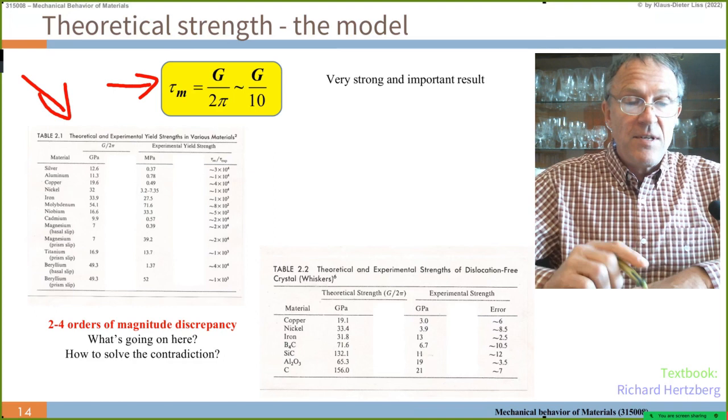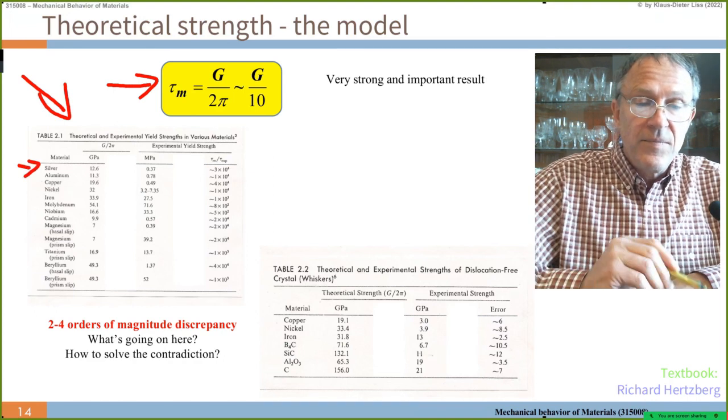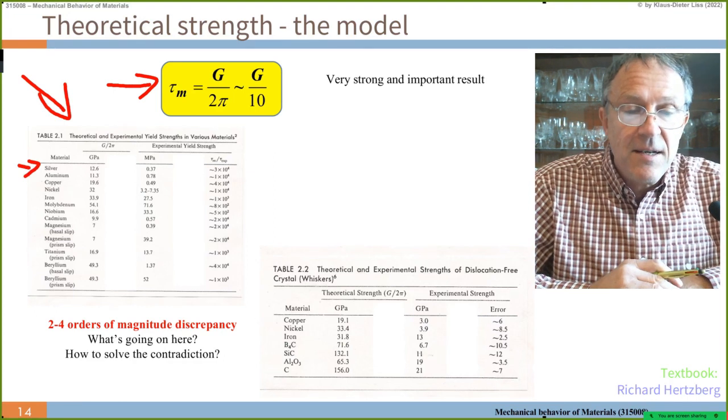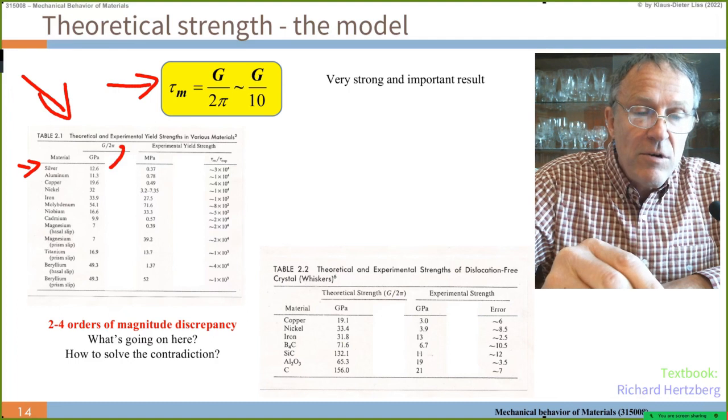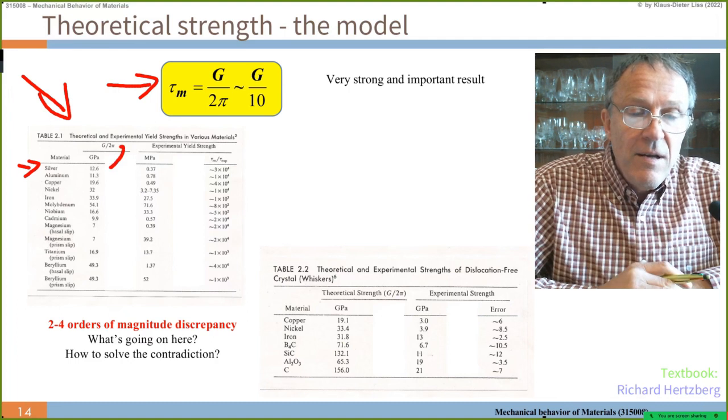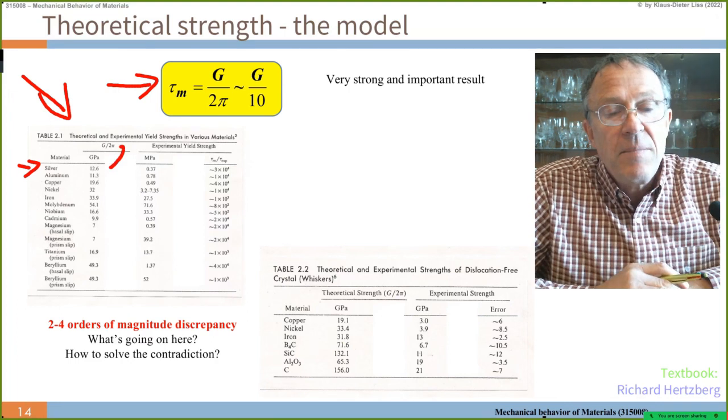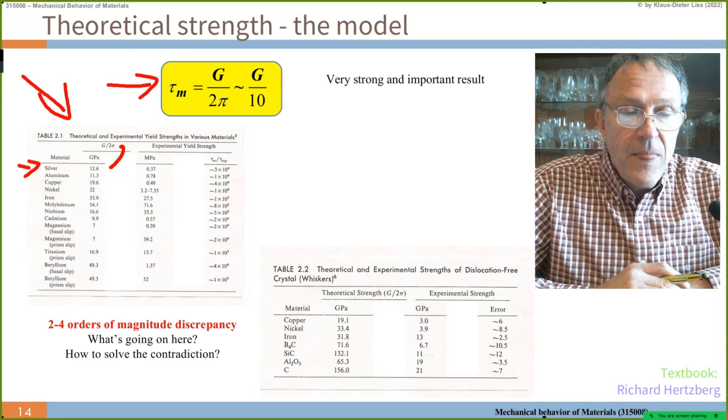So they take silver. Silver is an FCC material. If I look at G over 2 pi, then it becomes 12.6 megapascal.